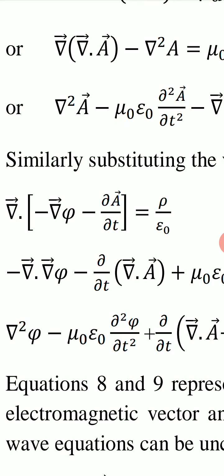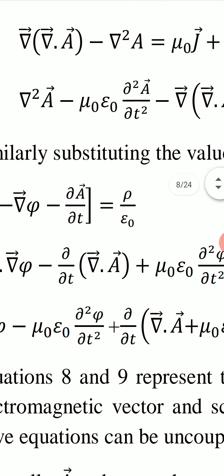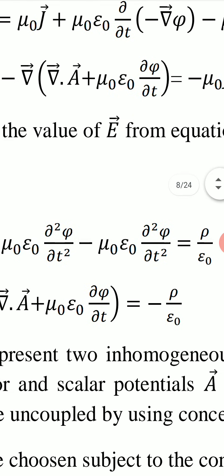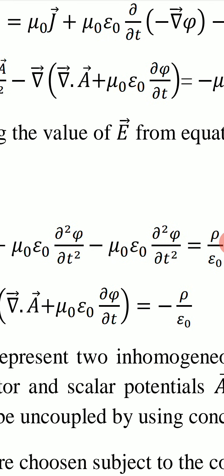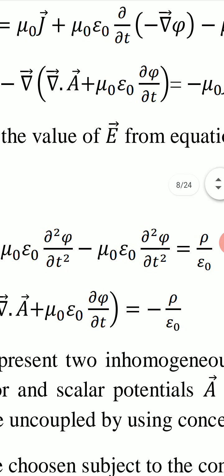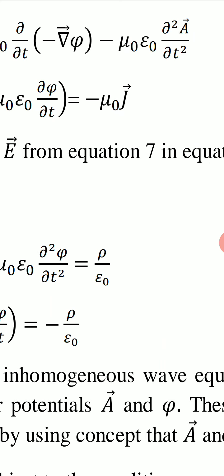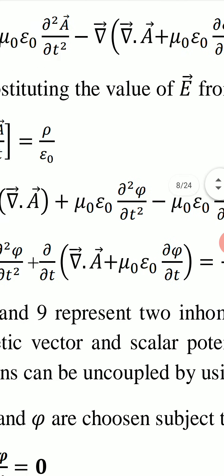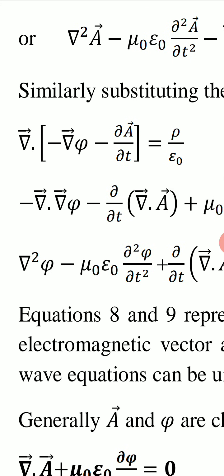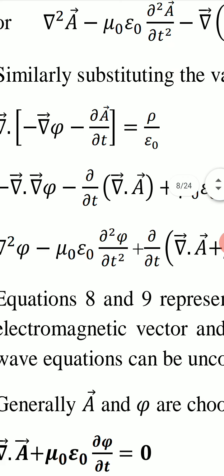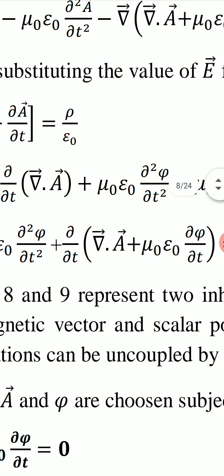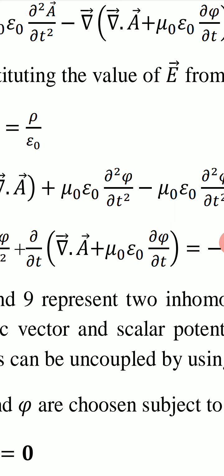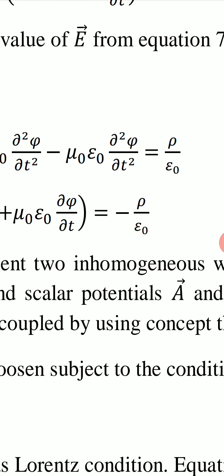This equation reduces to minus del dot del phi minus delta upon delta T del dot A, and this term mu 0 epsilon 0 d2 phi upon dt square is added and subtracted, and it is equal to rho upon epsilon 0. So this equation becomes del square phi minus mu 0 epsilon 0 d2 phi upon dt square plus delta upon delta t of del dot A plus mu 0 epsilon 0 delta phi upon delta t equal to minus rho upon epsilon 0.